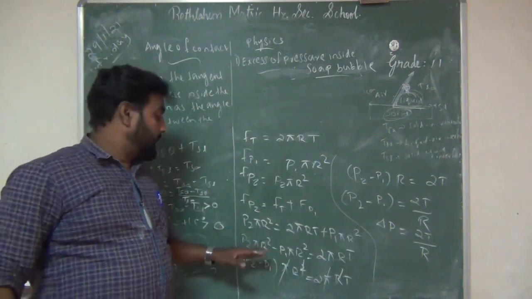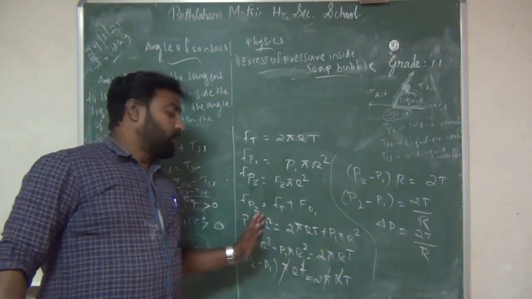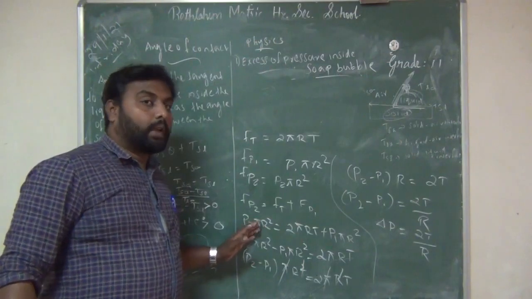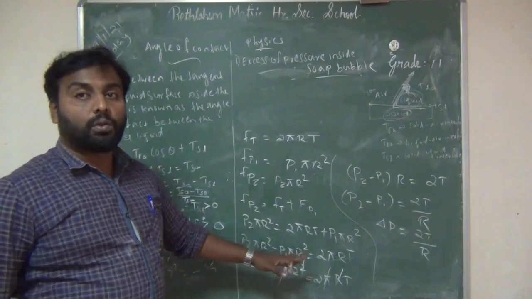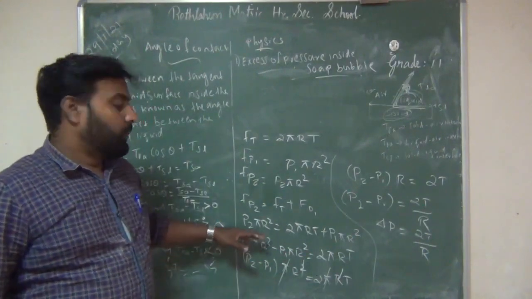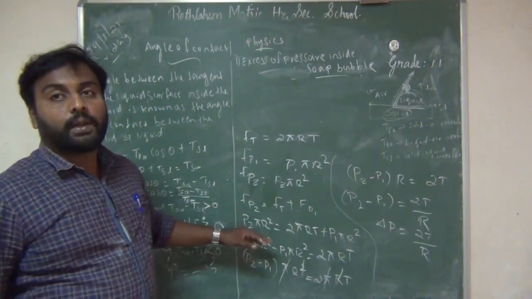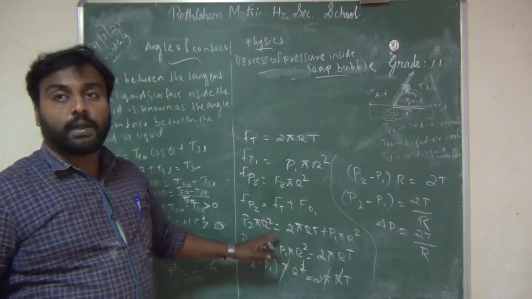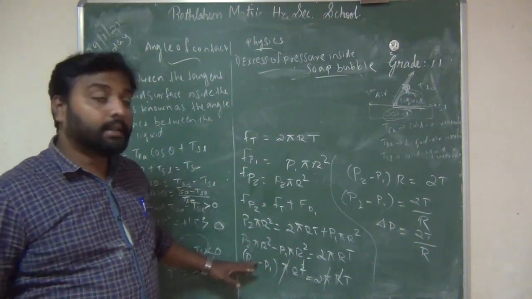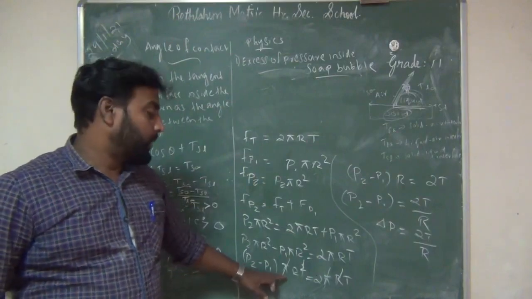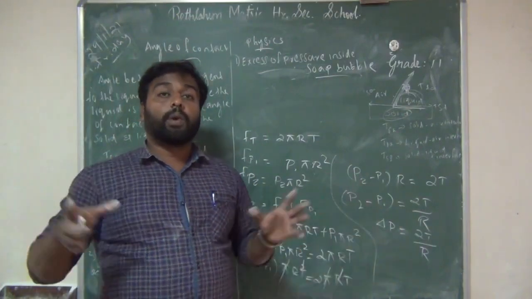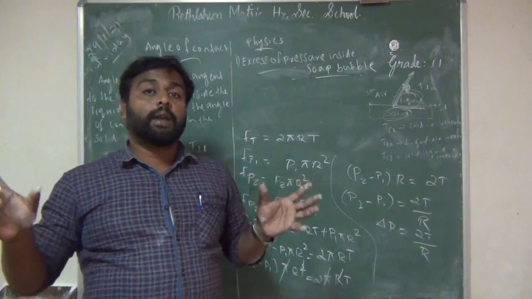After substitution, take the P1 term to this side, so P2 pi r square minus P1 pi r square is equal to 2 pi r T. Pi r square is common, so take it outside. We get P2 minus P1 into pi r square equal to 2 pi r T. Now you have to cancel the pi and r.